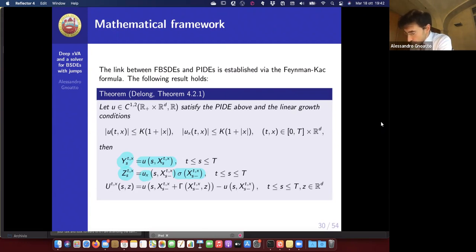And then U, which is the control that we place in the jump component, simply involves the difference between the function u after a jump minus the function u just before the jump. Of course, if you are familiar with the standard setting without jumps, u_x here is your usual delta hedging strategy.